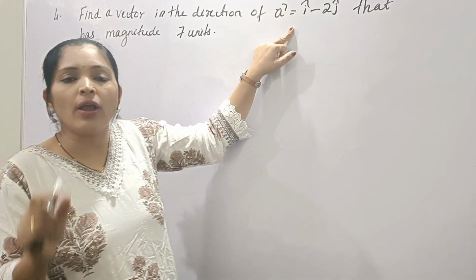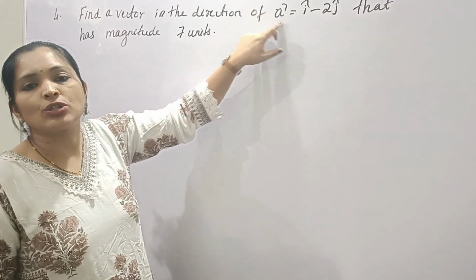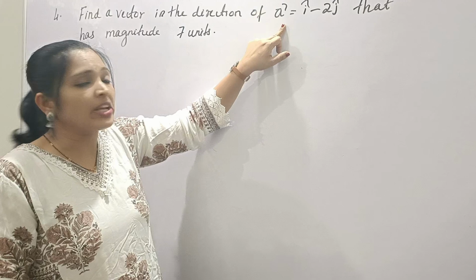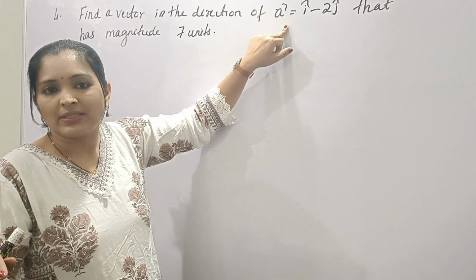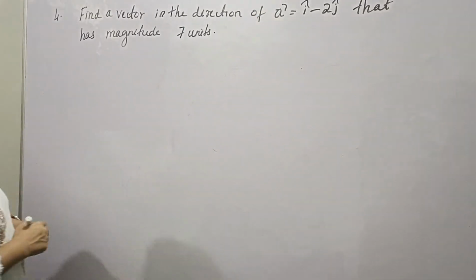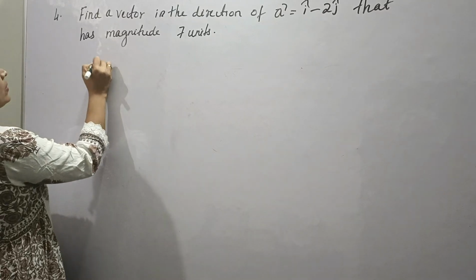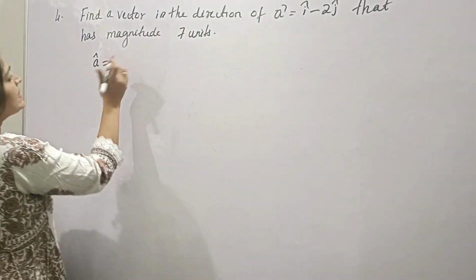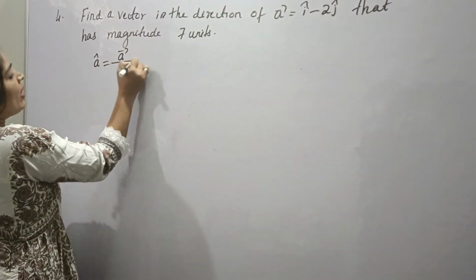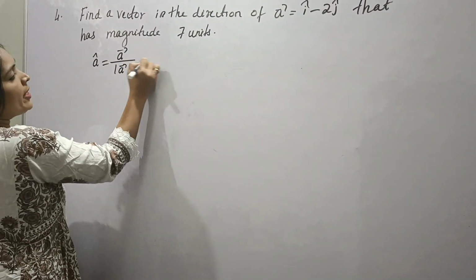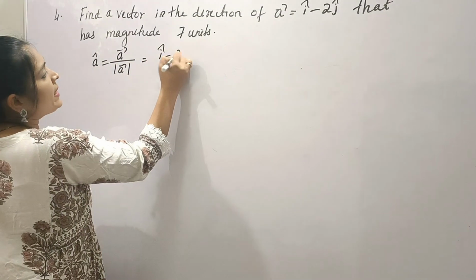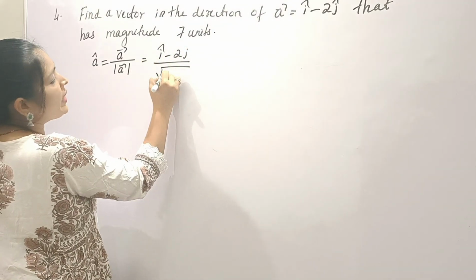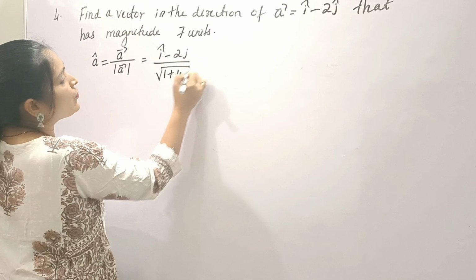So here first of all we will find the unit vector of this vector. Why? Because we know that the unit vector of this vector is in the same direction of this vector, right? Unit vector of A is equal to vector A divided by modulus of vector A, that is i minus 2j divided by square root of 1 square plus 2 square, 4.